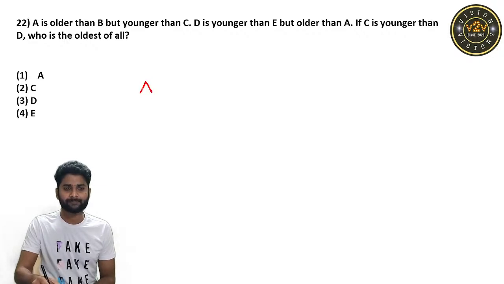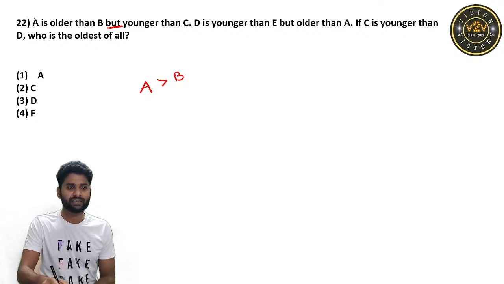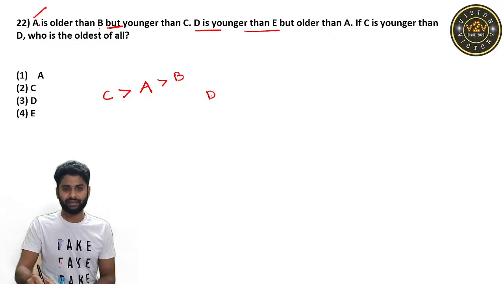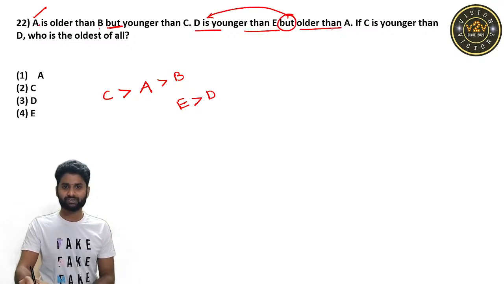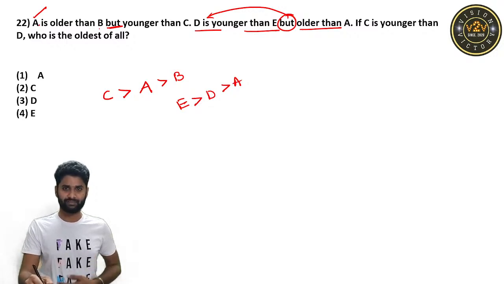A is older than B, but again they are compared with A. A is older than B, but younger than C. A is younger means definitely C is older. D is younger than E. D is younger means E is elder than D. But again, they are talking about D. D is older than A. So we have this comparison.